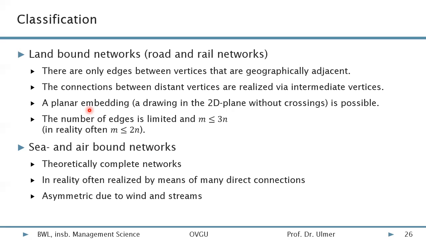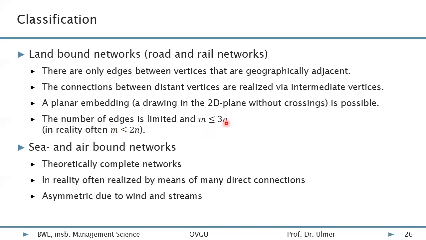In our cities, we usually don't have crossings. The crossing would be another vertex, usually where we can switch between the streets. And the number of edges is very limited.